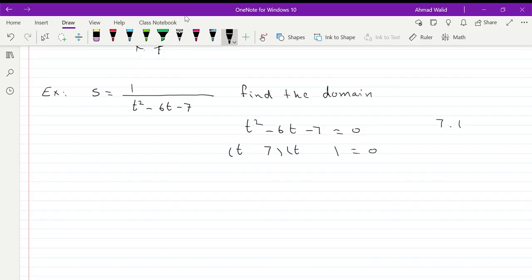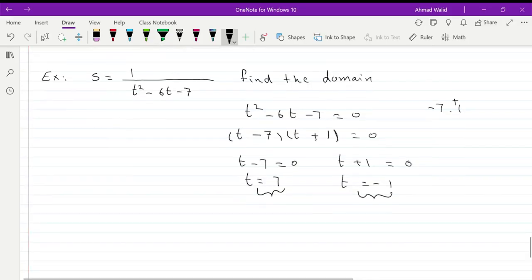Then 7 and 1, correct? I need negative 6, so negative 7, positive 1. t minus 7 equals 0 means t equals 7. t plus 1 equals 0, t equals negative 1. These two numbers are actually your restrictions.